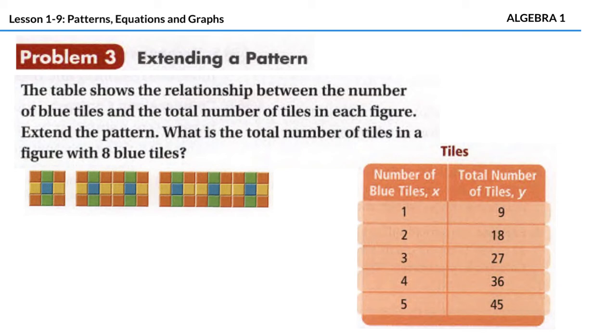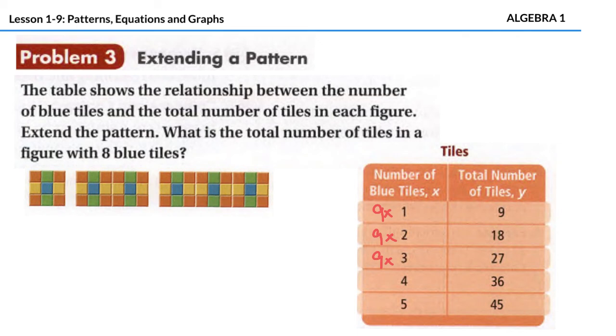You will see that the total number of tiles is always 9 times the number of blue tiles. Can you see that? If the blue tiles are 2, the total number of tiles is 9 times 2. If the blue tiles are 3, the total number of tiles is 9 times 3.